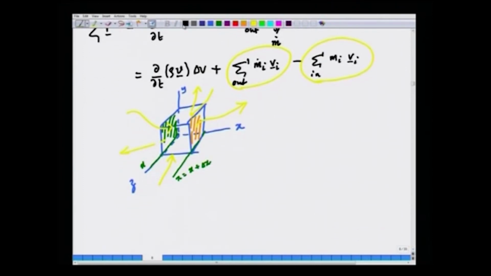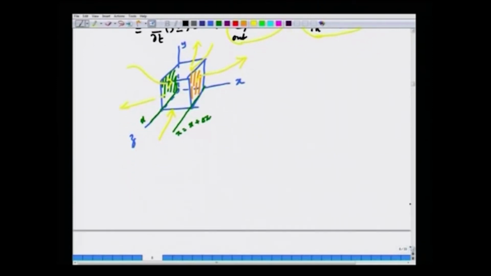So, we will further write this as, the momentum flux at face x. The momentum enters at face x, so the momentum flux is simply rho u times v.